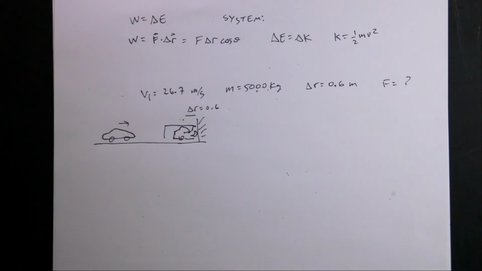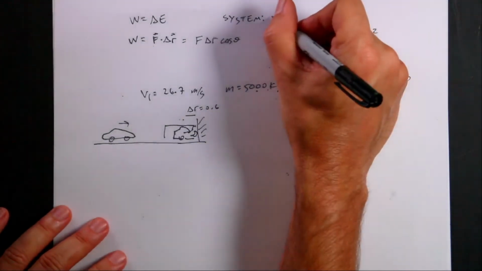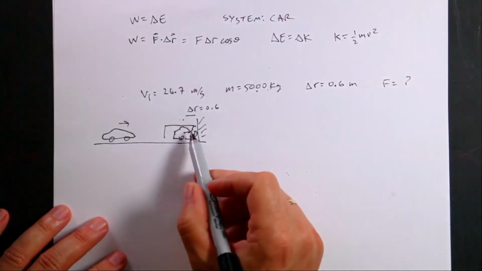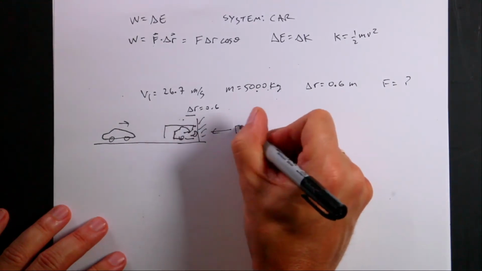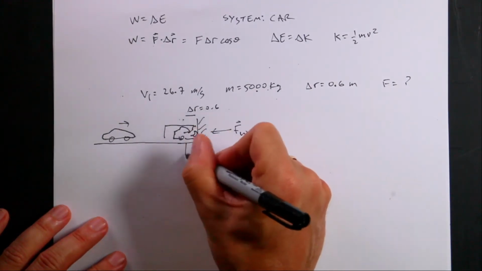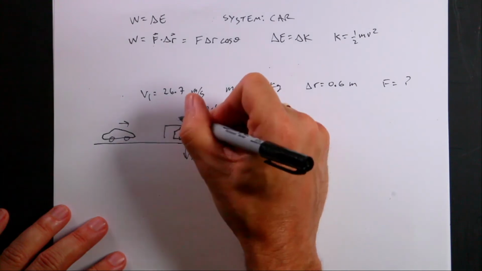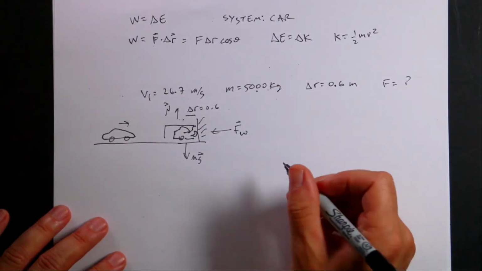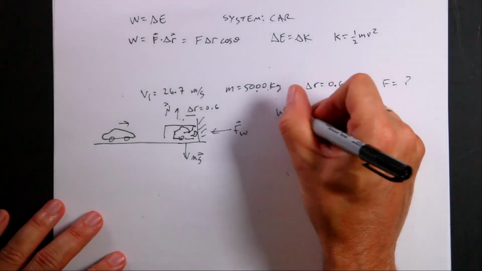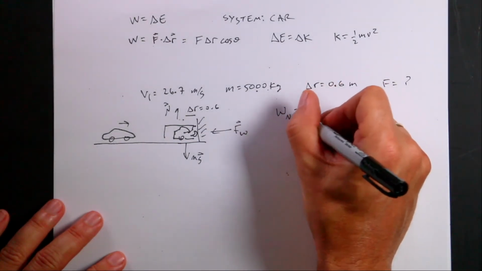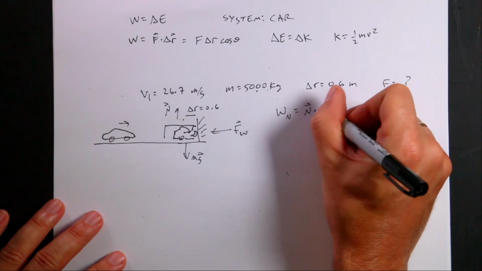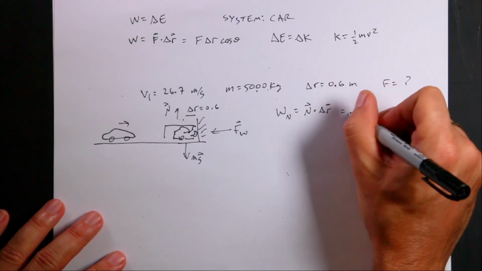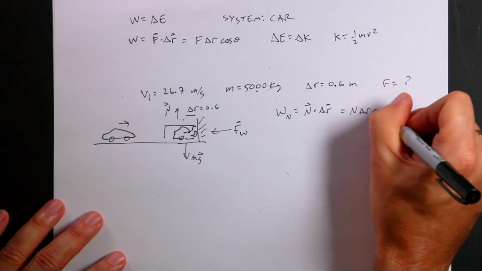And so if we think about the system as just the car, then we have a backwards pushing force from the wall. We have a downwards gravitational force, mg, and then we have an upwards normal force from the floor. So I need to find the work from all of these. Work by the normal force is going to be the normal force dot delta R, which is N delta R cosine theta.